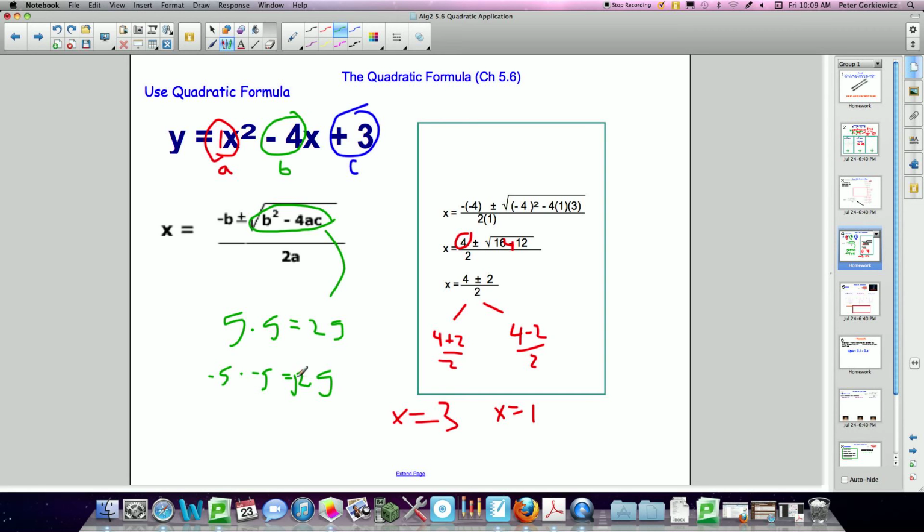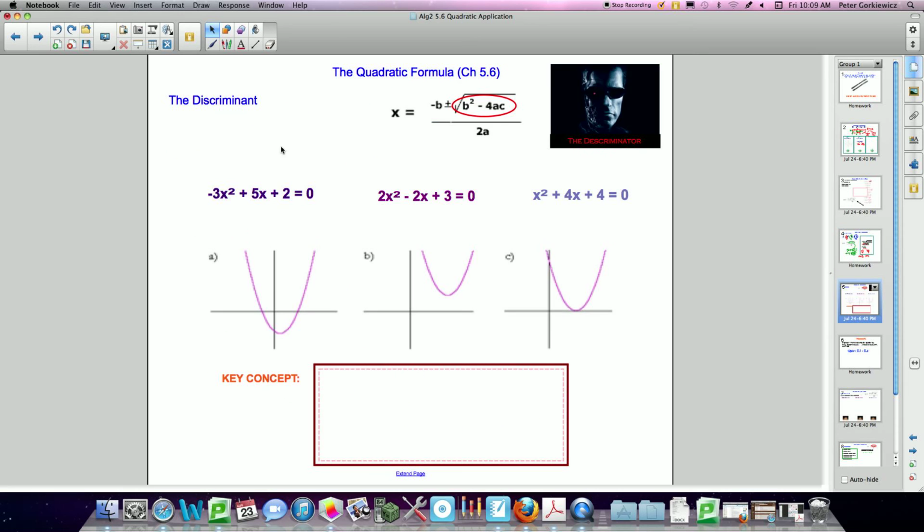You can't take a square root of a negative number because these are always going to be positive at this point. So all that's saying is you run into trouble when the stuff under the square root, called the radicand, is negative. And we call that the discriminant, because it discriminates between how many solutions there are.